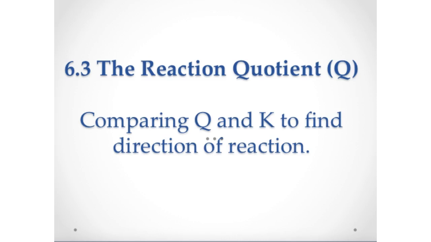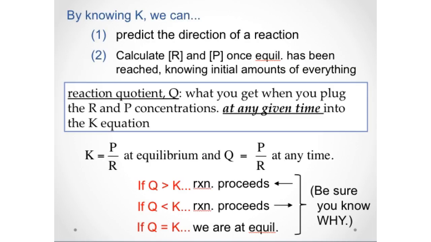So in order for us to determine whether a reaction with new initial conditions, with new concentrations, will be moving to the right, left, or is already at equilibrium, scientists made up this variable Q, so that we could compare it to K. And depending on that comparison, we can judge whether the reaction is proceeding in a certain direction. So if that doesn't make sense, it should make sense soon.